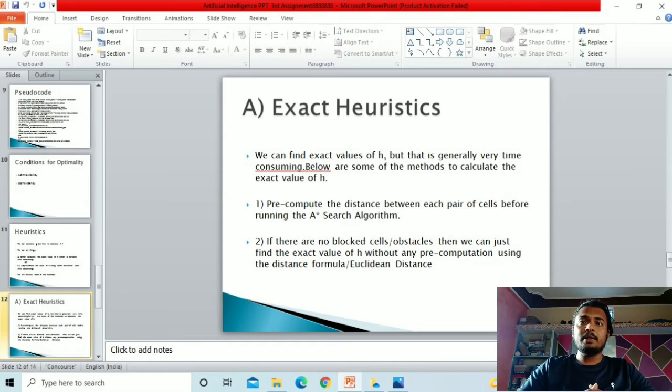The first is to pre-compute the distance between each pair of cells before running the A star search algorithm. Second, if there are no blocked cells or obstacles, then we can just find the exact value of H without any computation using the distance formula or Euclidean distance.